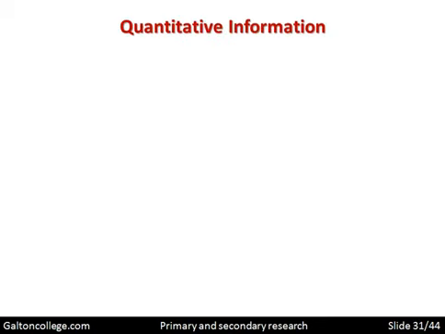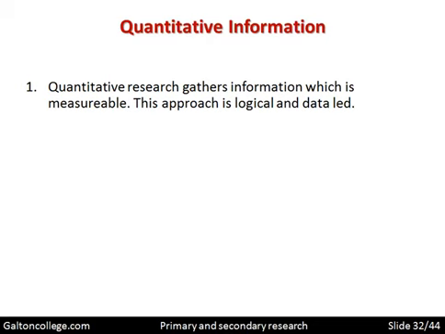Now, this idea of quantitative and qualitative information. Well, quantitative information, this is measurable. It's information that's in numbers, so it's measurable. It's logical and data-led. This type of research is based on facts almost. It's based on numbers.